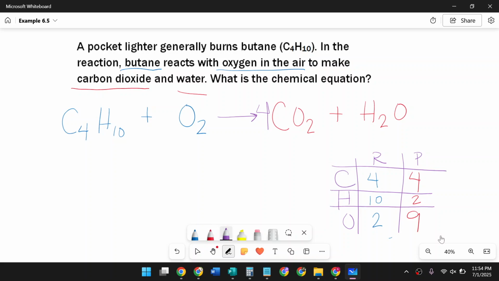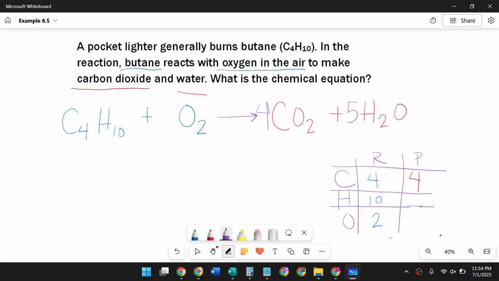Now let's fix the hydrogen. So this side has 10 and this side has 2. So let's put a 5 in front of this one. So that adjusts both our hydrogen and our oxygen numbers.